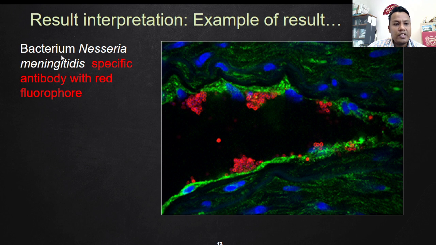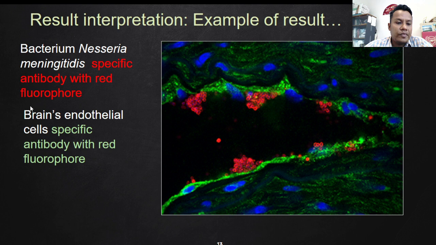The red dots represent the bacterium Neisseria meningitidis, the pathogen for meningitis. The antigen is coated by antibody specific to the bacterium with red fluorophore. So that means the specific antibody is carrying a red fluorophore, which can be detected as red color.